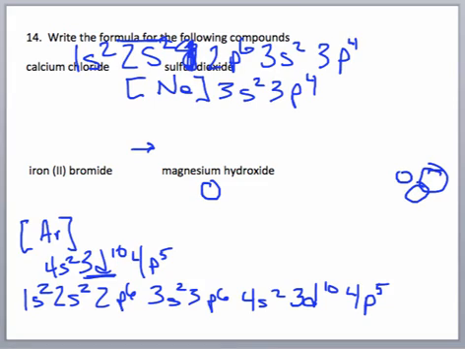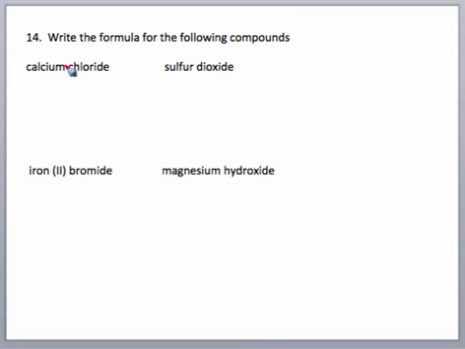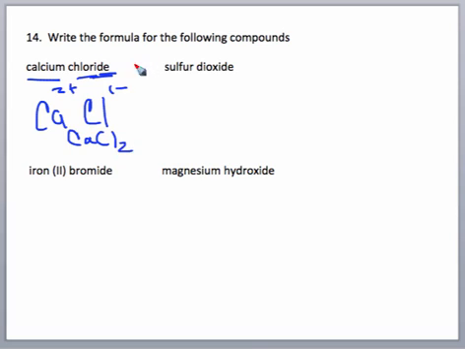We're going to do a little bit of practice with some naming and formula writing. So we're going to write the formula for the following compounds. So calcium chloride, IDE ending, metal, non-metal, so we have single elements, symbols, charges, crisscross, so CaCl2. Next one, we have 2 non-metals and a prefix.